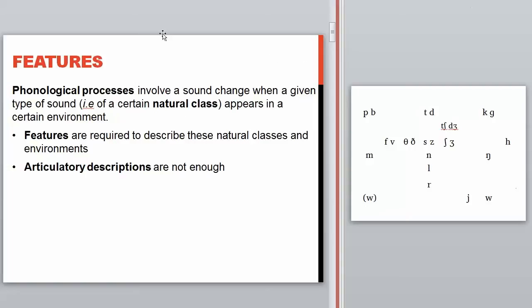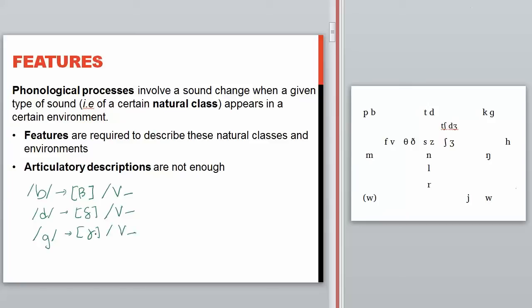Now, we'll see that most rules in phonology can be generalized to a specific type of sounds called a natural class. Now, to use an example from Spanish, we can see the change that b will become v after a vowel. Now, we also see the same kind of change with d becoming the after a vowel and g becoming g after a vowel.